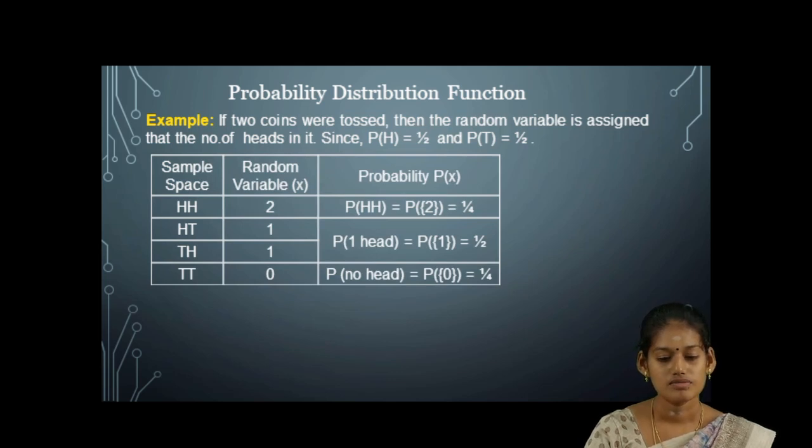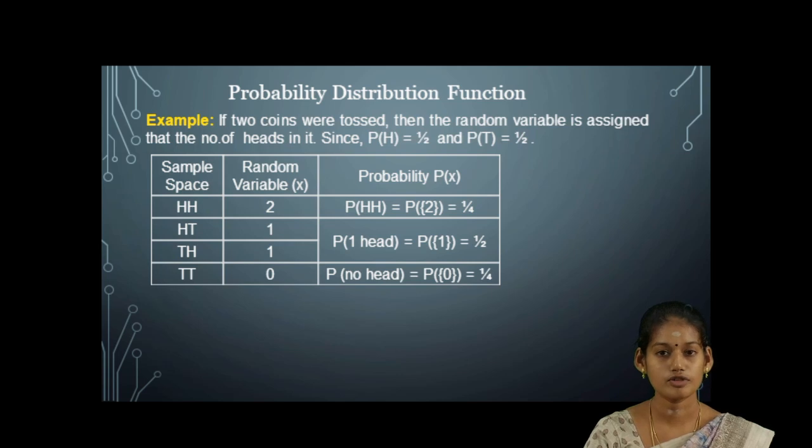We already have the sample space and random variable columns. Here we are going to find the probability of each sample point. HH, HT, TH and TT. The probability of HH, notated as the probability of getting 2 heads, that is P of 2, is 1 by 4. We all know that probability is the number of favorable outcomes divided by the number of possible outcomes.